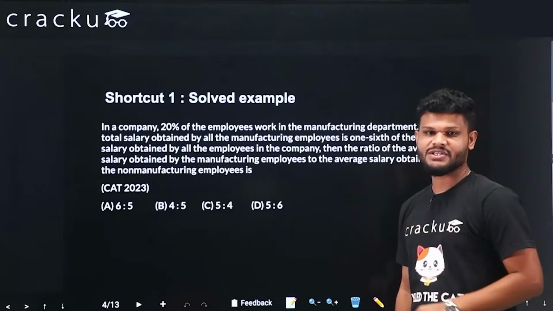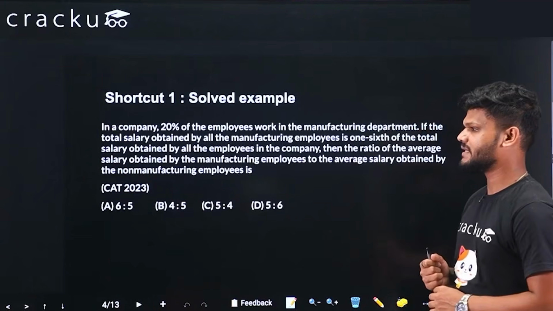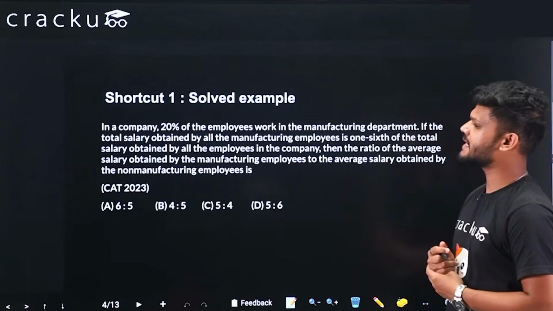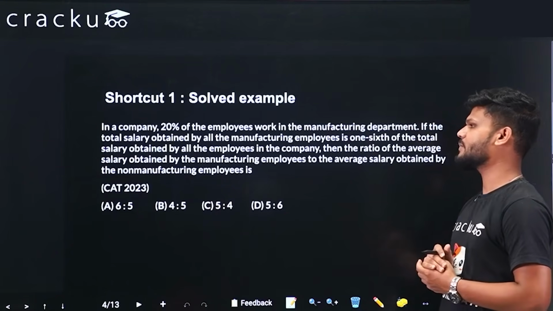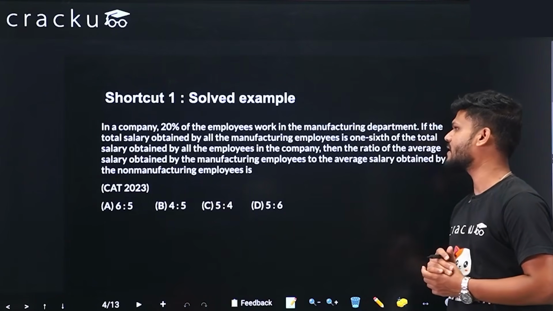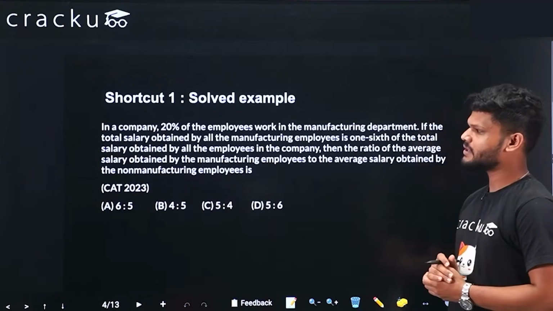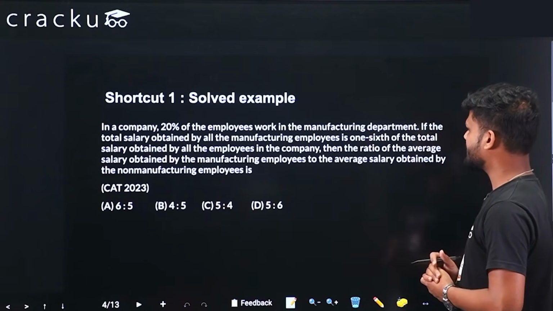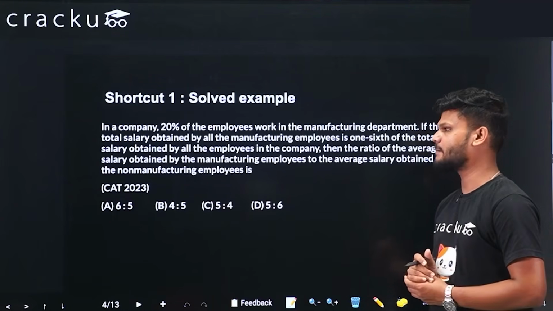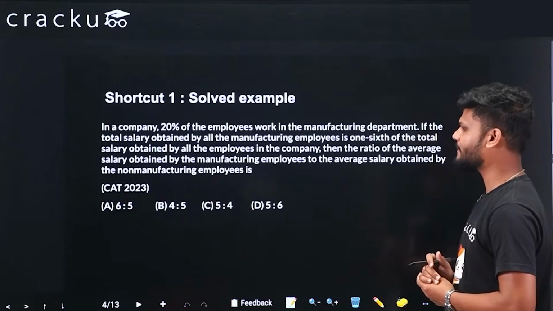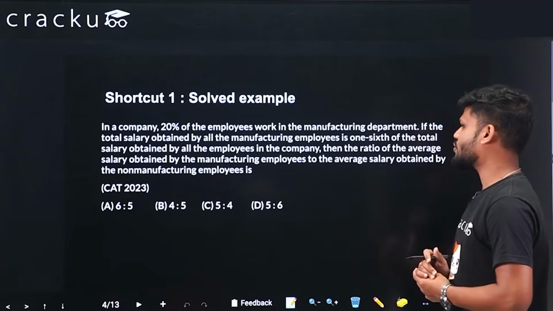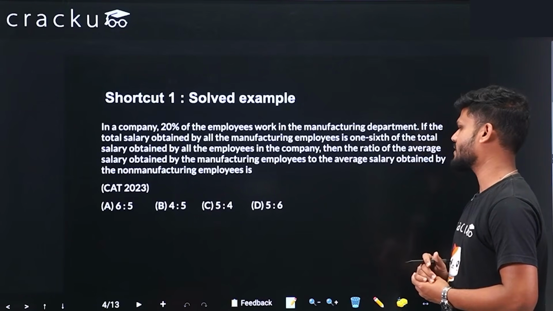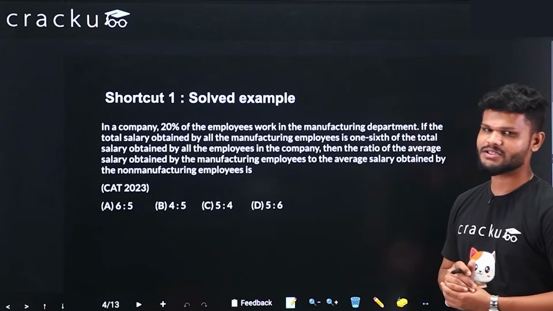This question was asked in CAT 2023, which is assumed to be a difficult paper. It says that in a company, 20% of the employees work in the manufacturing department. If total salary obtained by all the manufacturing employees is 1/6 of the total salary obtained by all the employees in the company, then find the ratio of the average salary obtained by the manufacturing employees to the average salary obtained by non-manufacturing employees.